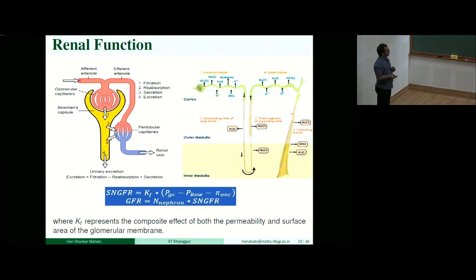And if you want to know how well our kidney is filtering, you multiply by the total number of nephrons. So we first find out the filtration rate for one nephron, and then you multiply by the total number of nephrons to know the filtration rate for the entire kidney.